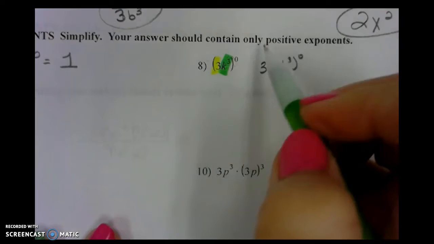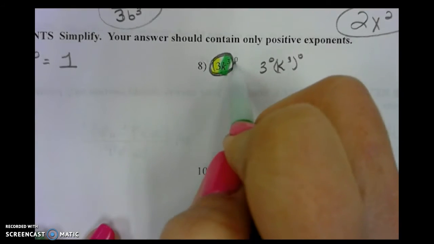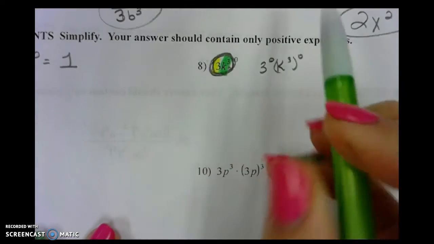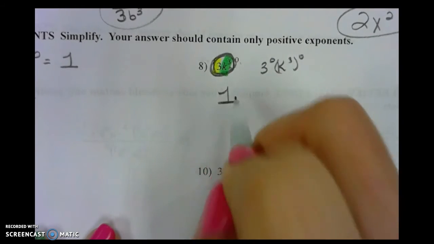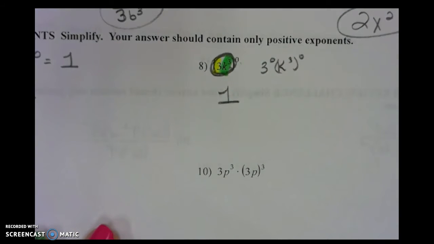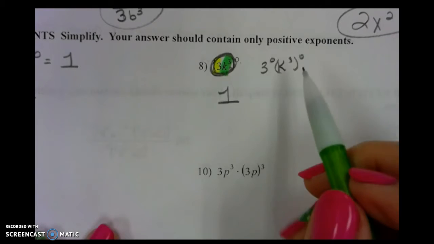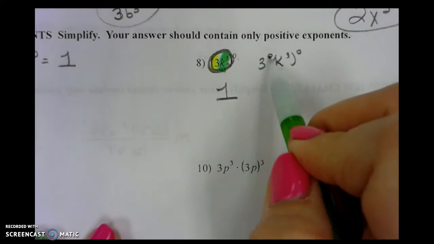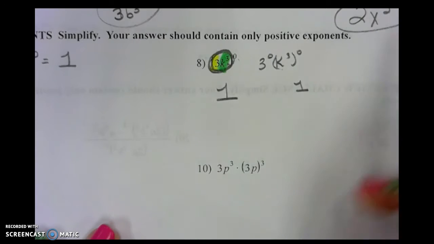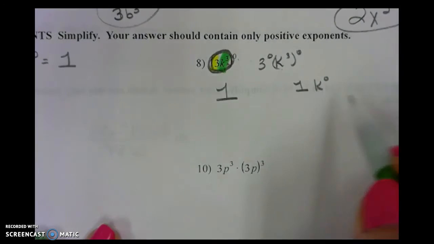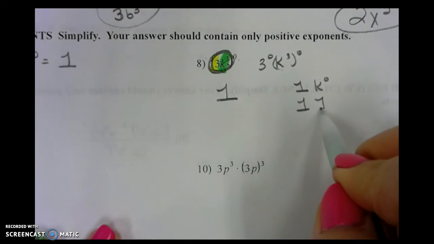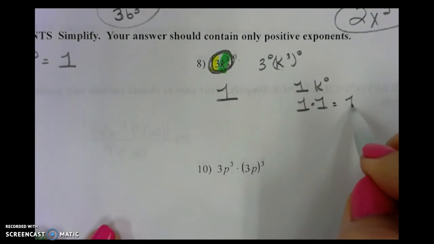Or you could recognize that everything in the parentheses is raised to the 0 power, which makes it 1. If you finished it out this way, you would have said 3 to the 0 is 1. K to the third to the 0 becomes k to the 0. And then you would have ended up with 1 times 1, and you would have had 1.